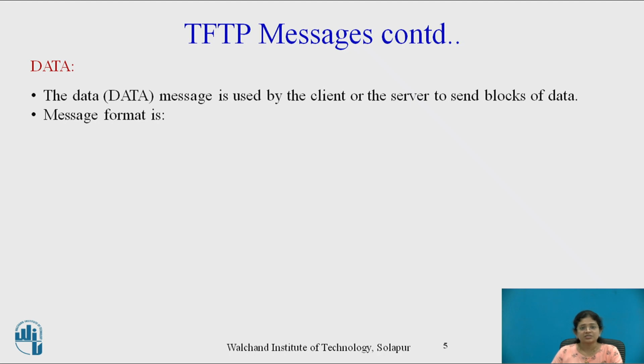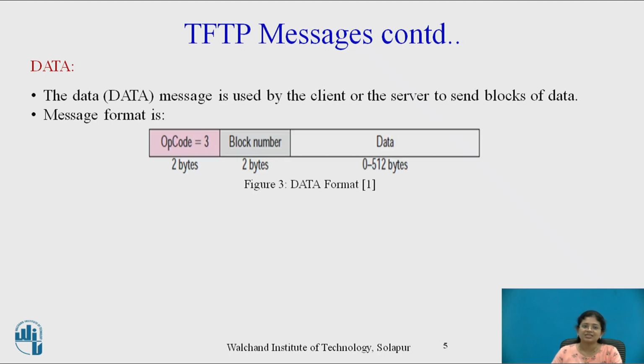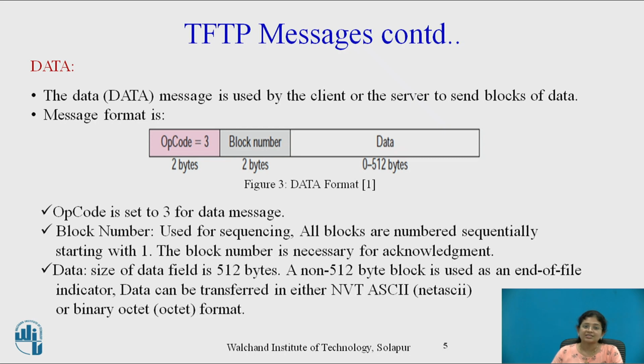Now, look at the third message, that is the data message. The data message is used by the client or server to send the block of data, and its message format contains 3 fields. The first field is of course opcode, which is set as 3, and the next field is block number. What is this block number? This block number is used for sequencing, meaning all the blocks are numbered sequentially, starting from 1.